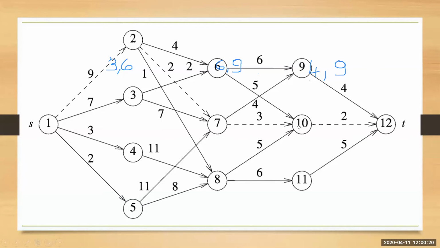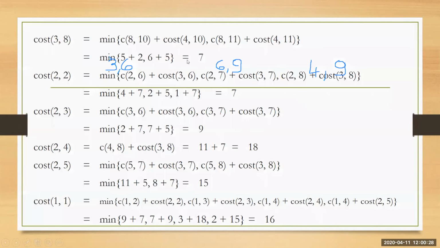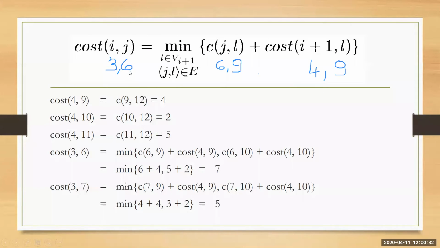Whichever is minimum, whether 6 to 9 or 6 to 10, you have to make that the cost of the current vertex 6. I'll explain this with an example. It will be clear from that.